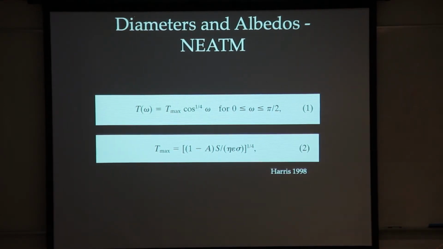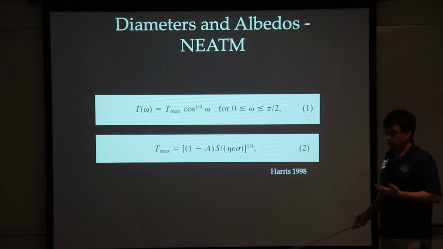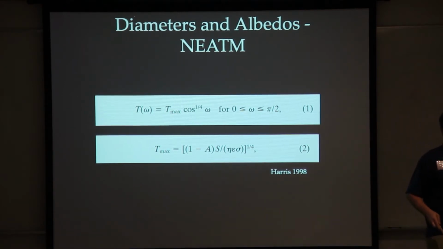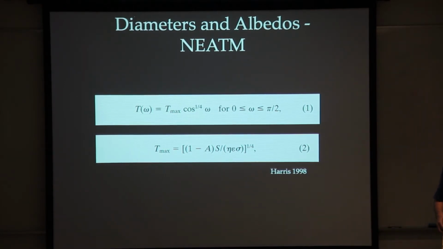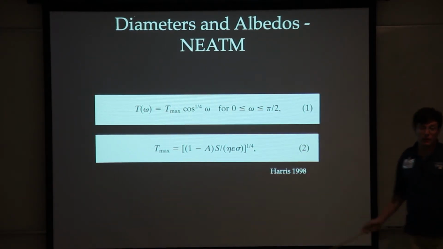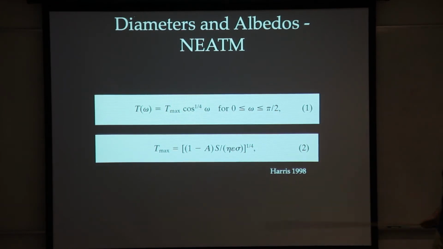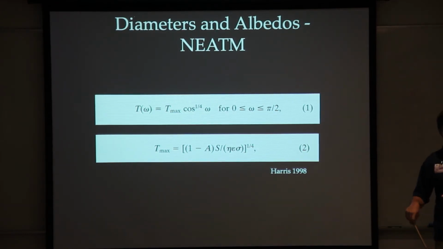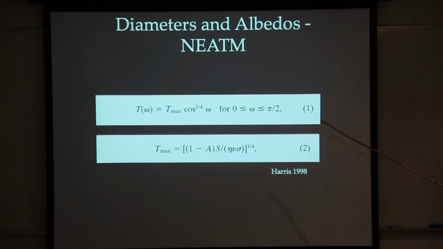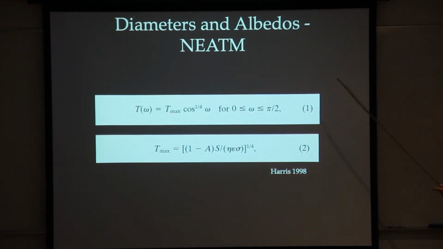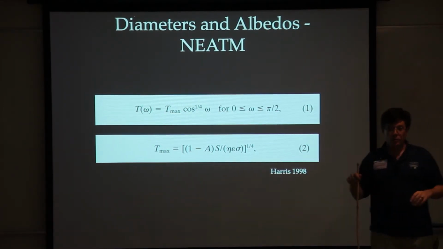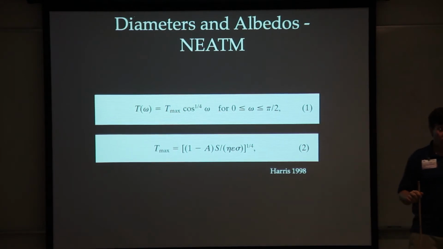So I said with a thermal model, we need to have a basic idea of how temperature is distributed across the surface of the asteroids. These are the two equations that set up this thermal model, set out by Alan Harris, who until recently was working in Germany at DLR, for what he called the Near-Earth Asteroid Thermal Model, which has been incredibly useful for things that aren't near-Earth asteroids as well.